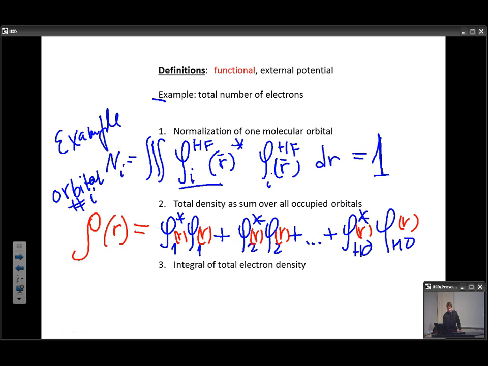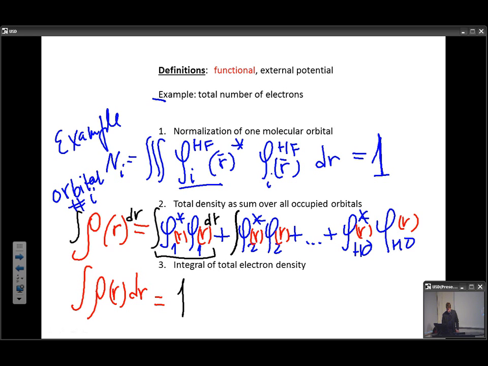And if you decide to integrate this thing over the whole space, then we are getting the integration of each of the terms here. First term gives us normalization of the first function. It will be 1, right? Because the first molecular orbital is normalized. Then we do integration of the second orbital.